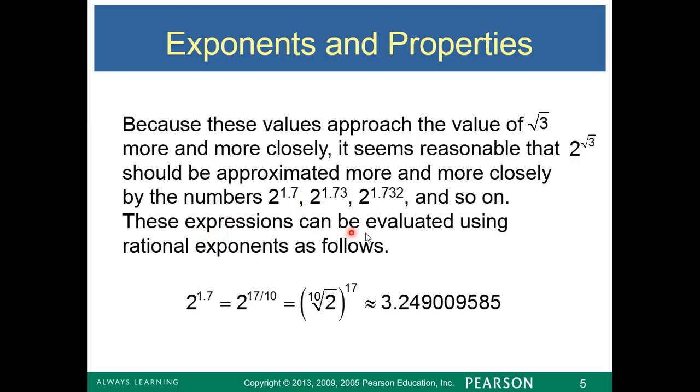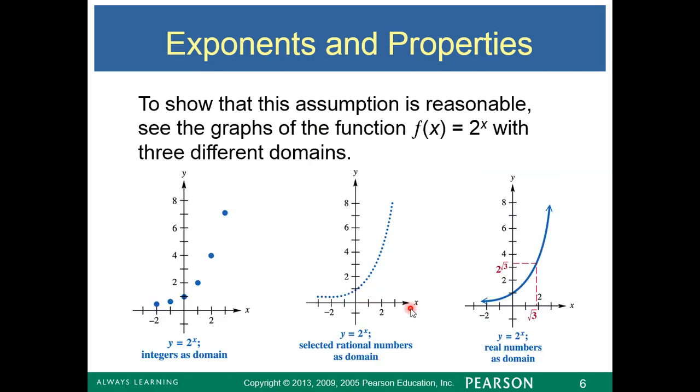Now, these expressions can be evaluated using rational exponents as follows. So 2 to the 1.7 is the same as 2 to the 17 over 10, right? And so then we can use the rule to say the 10th root of 2 raised to the 17th power, and that gives us approximately 3.249, and so on. So we can approximate this using our techniques.